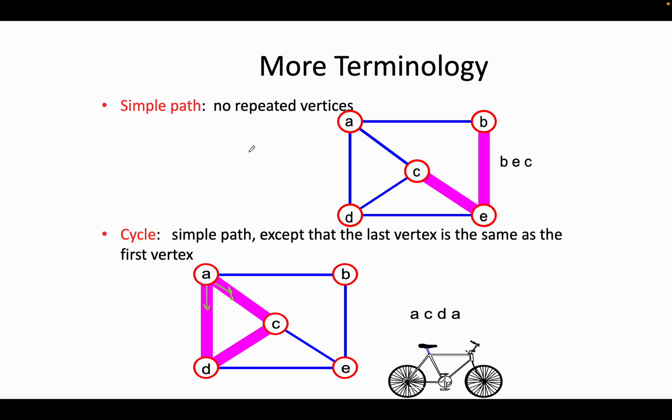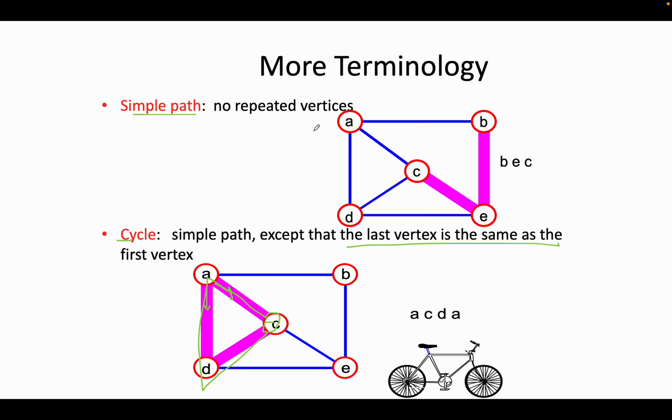This is called a cycle that is well connected. The terminology means that the last vertex is the same as the first vertex. So the last and the first are in the same position. For example, start from C, C to A to D, and then D to C.